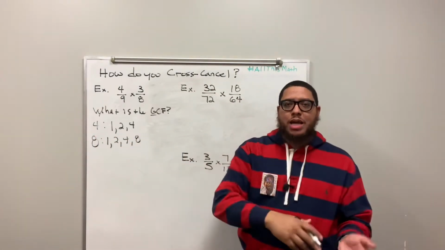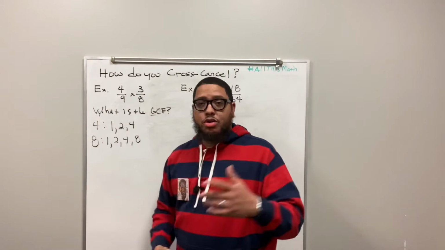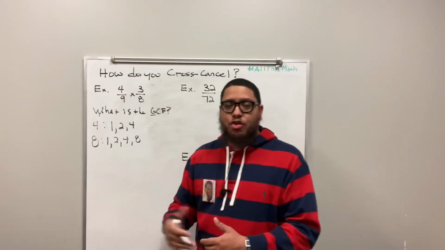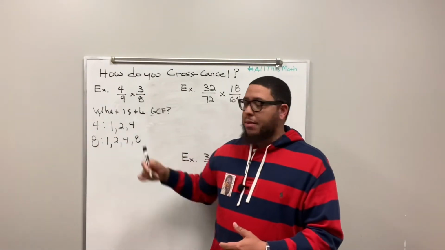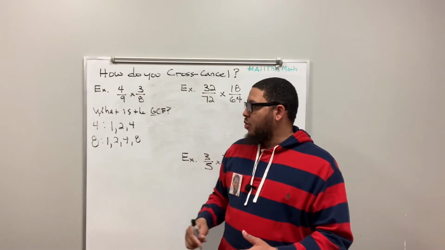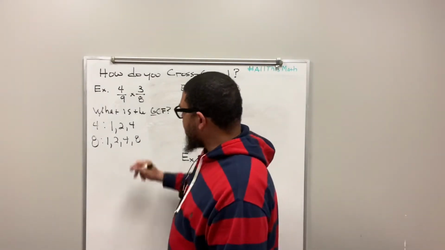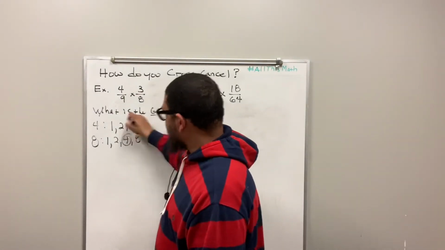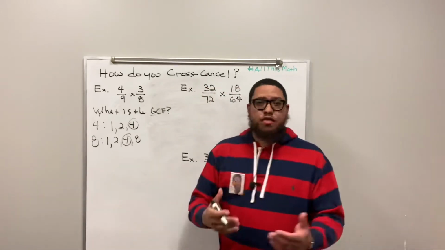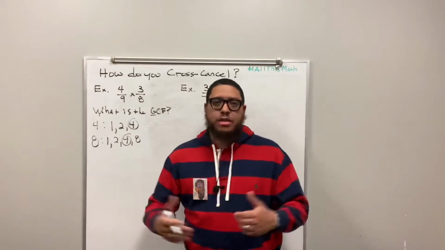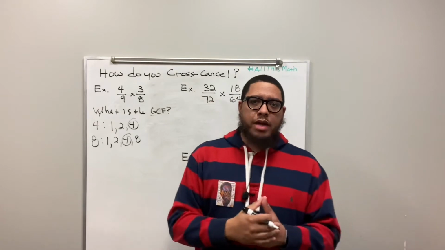You can't multiply 8 by a whole number and get 4. You can multiply 8 by 0.5 or by 1/2 and get 4, but 8 is not a factor of 4. The biggest number that's in both lists is 4. So that means that 4 is the greatest common factor.